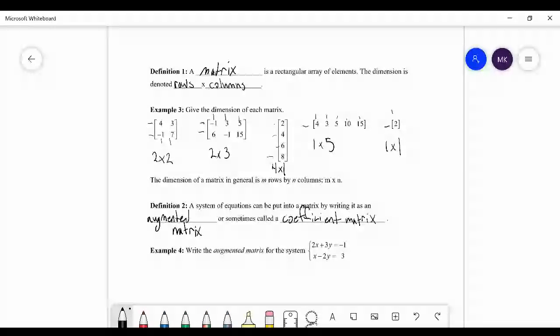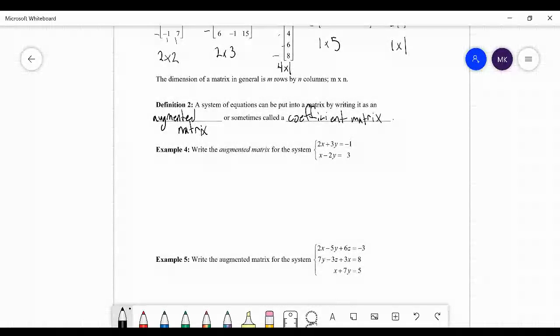And so it's a really simple way to write a set of equations. We're going to look at this first example here. Notice this is the system we've been dealing with in examples 1 and 2. We already know our solution to this. We'll find it using matrices in just a minute. But right now, we just want to practice putting this into augmented form.